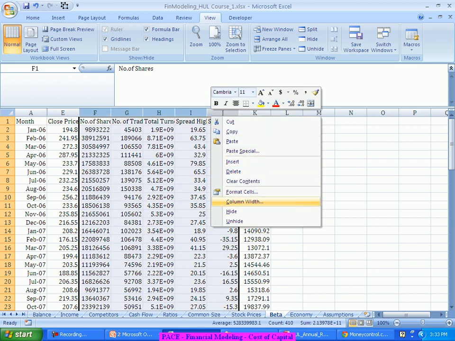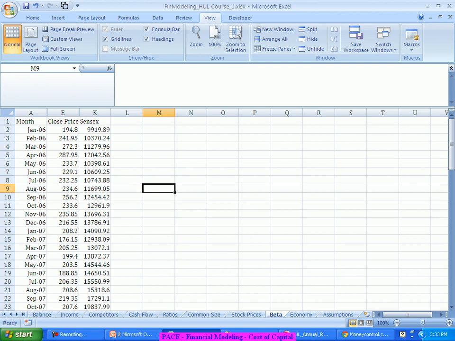I just need these three columns. The closing price of the company, probably this is HUL, and Sensex. So I'll call them HUL returns and Sensex returns because I need to do the covariance between the returns.